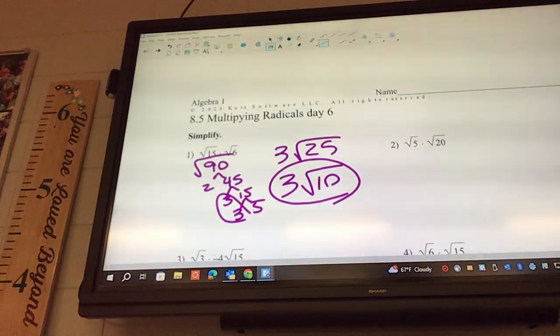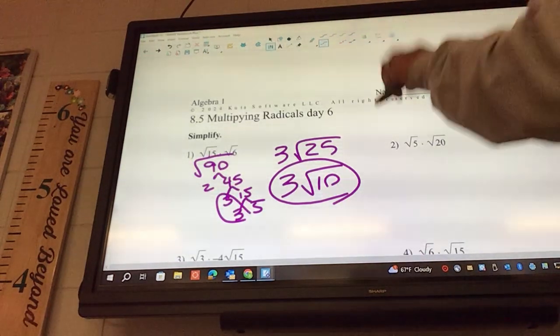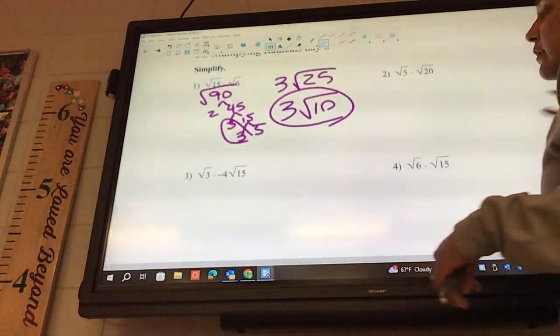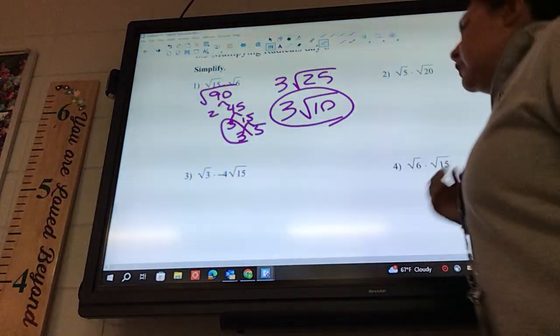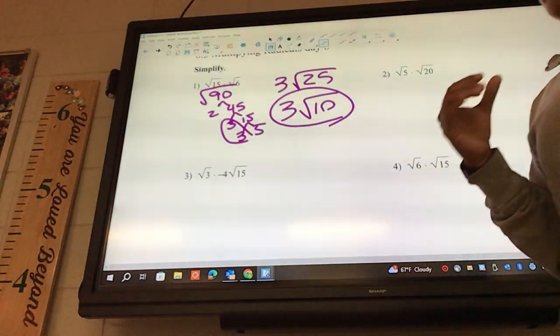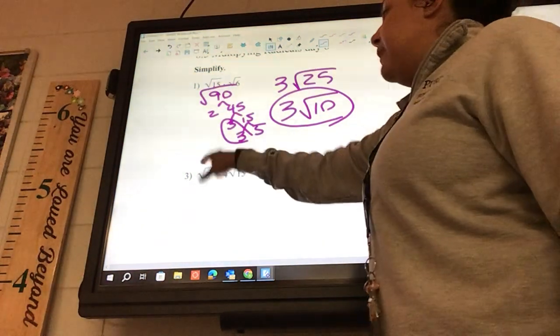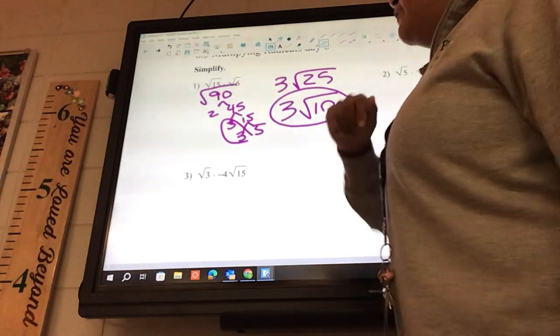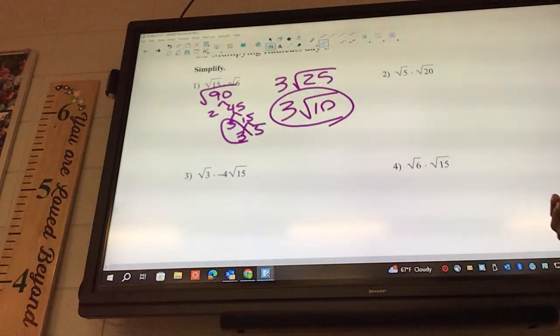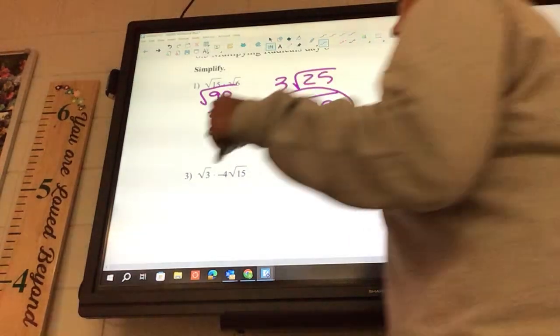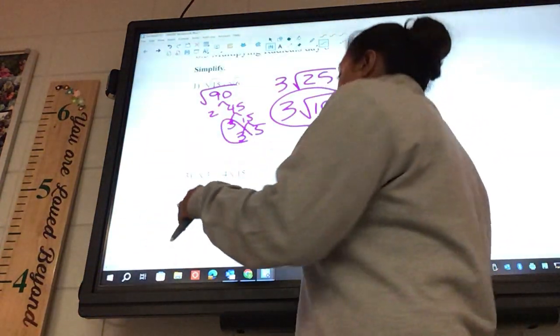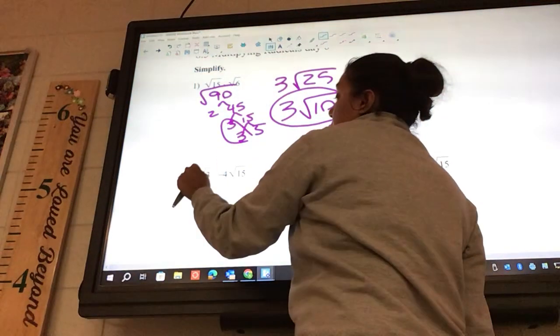The difference between Monday and today is in some instances we might have numbers on the inside and some on the outside. Now, when we talk about the index, that is just the baby number that's on the outside. So the 4 is not an index, okay? That's just an additional number. Now, if you recall too, if there's no number on the outside, then there's really a 1.